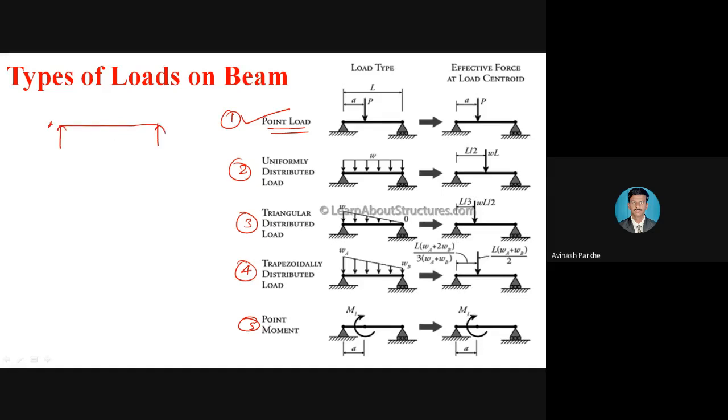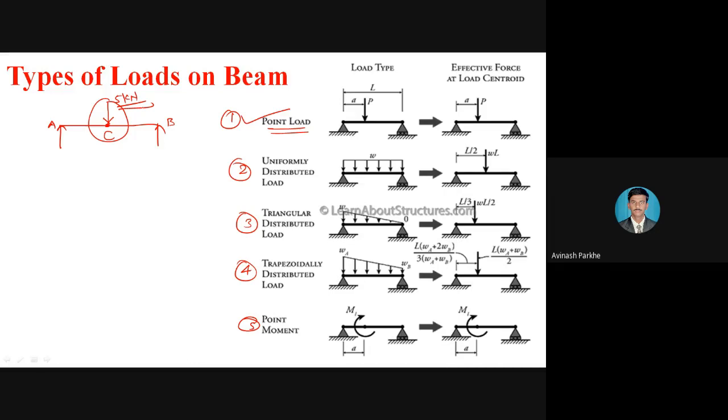You can see this is point A and this is point B, and at the center there is a point called C. At this particular point C, if one load is applied, this load is called a point load. For example, its magnitude is 5 kilonewton. So in this figure, whatever load is applied at a point on the beam is called a point load.